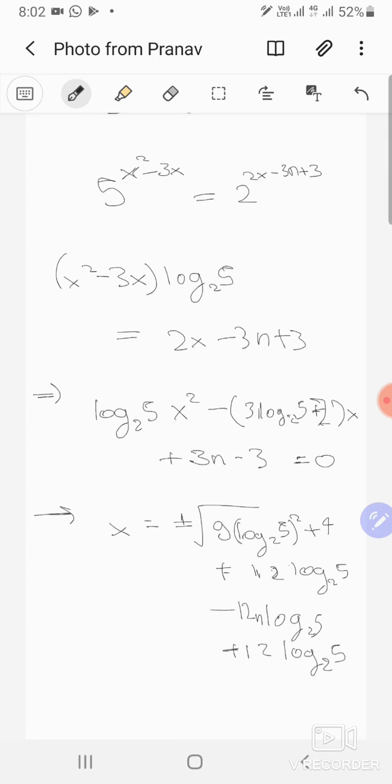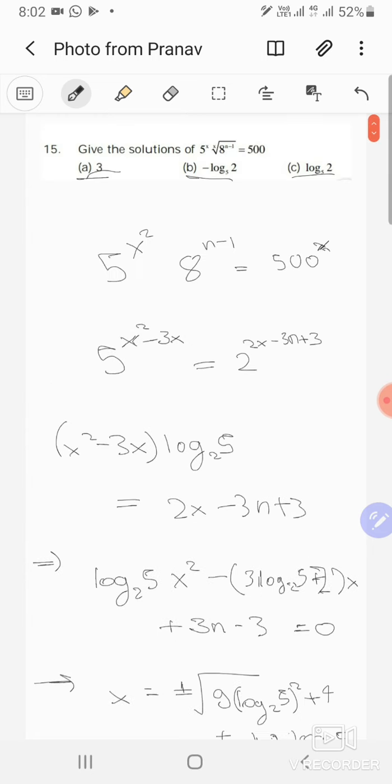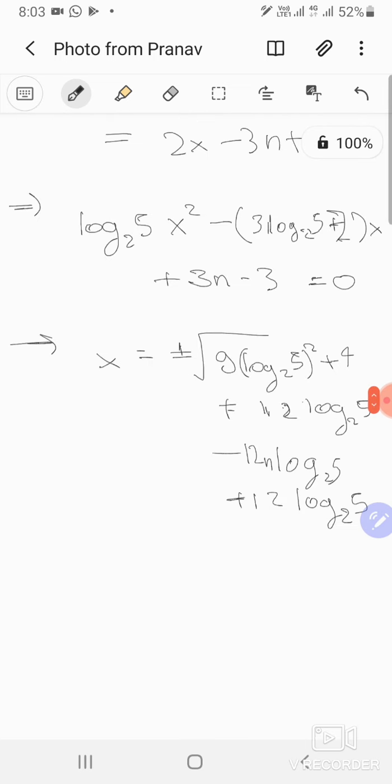All right, that's very weird. I don't know why it's going like that. But that's how we have to solve it, so there's no other option. That's inside the radical.